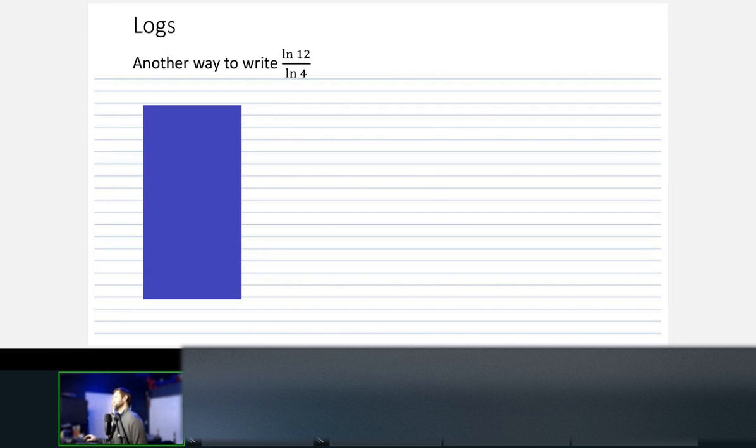I don't know, how did you expand it? No, you're mixing up that. So this is natural log of 12 divided by natural log 4. Now let's say it was natural log of 12 over 4. Then yes, we could say the natural log of 12 minus natural log of 4.